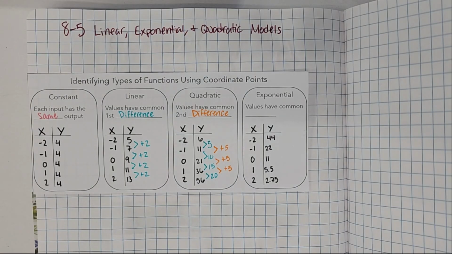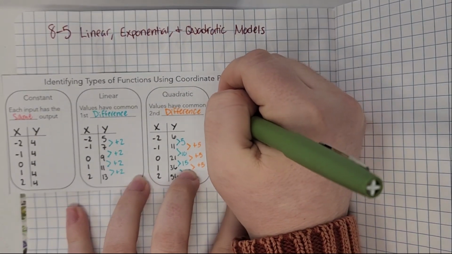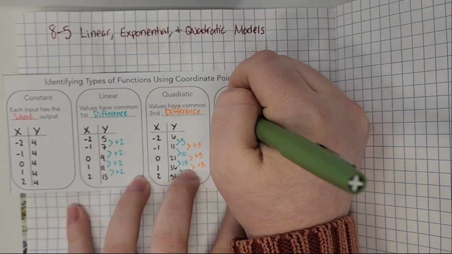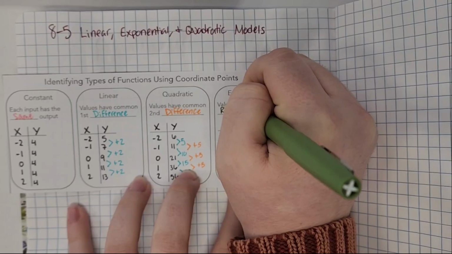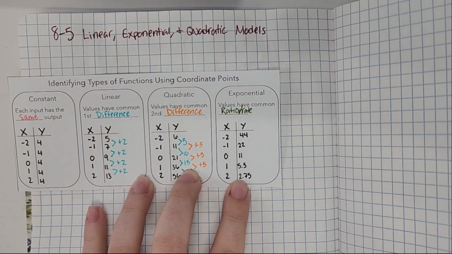Our last function here is the exponential function. In an exponential function, we are going to have a common ratio. So this one is a little bit different. We've been working with addition and subtraction for the last few of these. It's common ratio or rate.